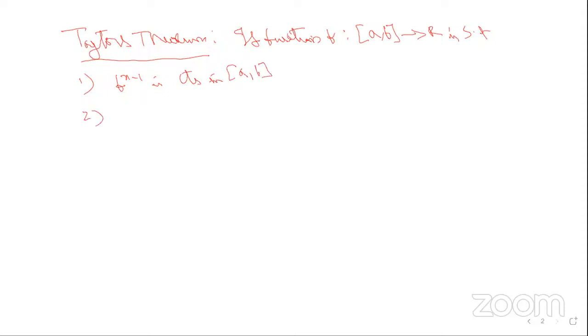Second one, f of n minus 1 is derivable in the closed interval [a, b]. That is, f of n exists in (a, b).